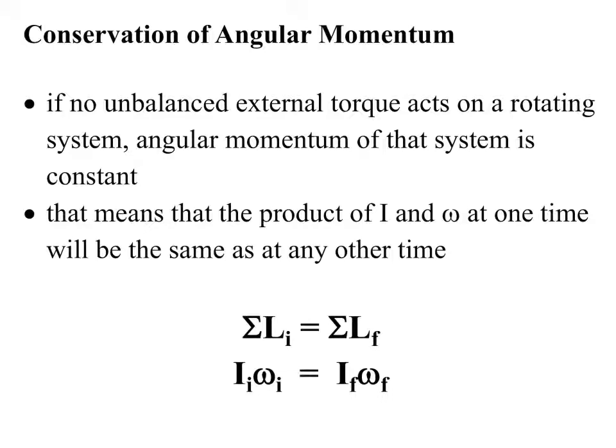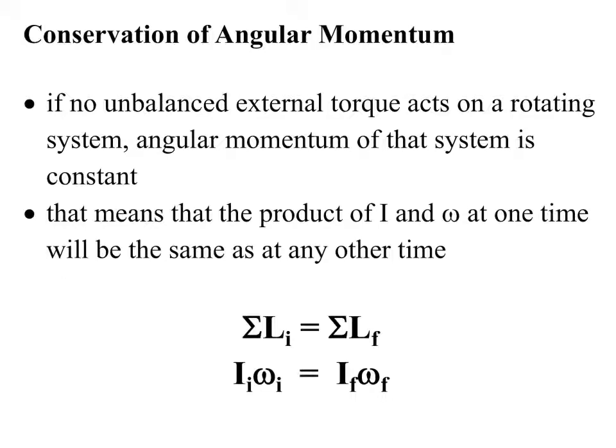So, this happens with linear momentum as well. In the example of a collision or something like this, if there's nothing else acting except for those two things colliding, there's no external forces, then we have something called a conservation of momentum, where mass times velocity before is equal to mass times velocity afterwards. And the same thing is with angular momentum.